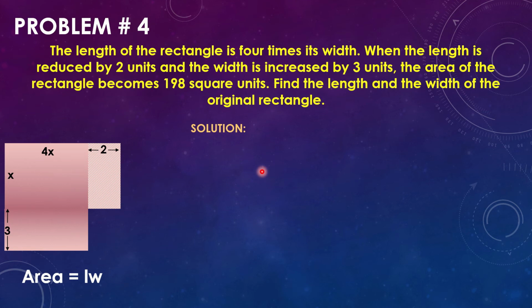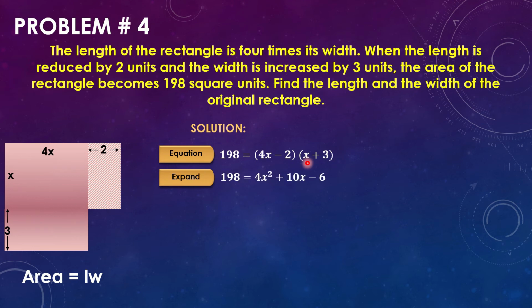So our equation will be 198 for the area, and the sides are 4x minus 2 and x plus 3. Using the FOIL method, our equation will be 198 is equal to 4x squared plus 10x minus 6.